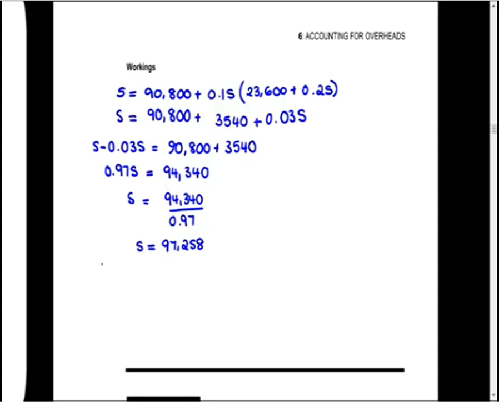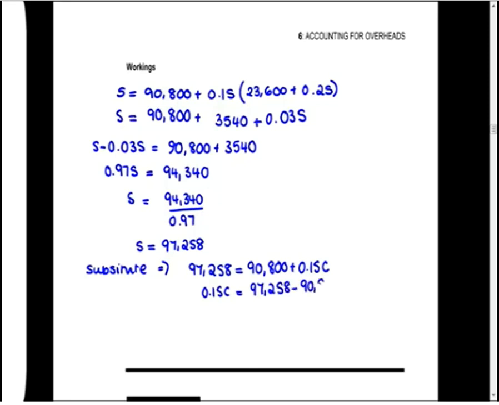We need a value for C, so we can substitute that value for S into C. And so we've got 97,258 is equal to 90,800 plus 0.15C. 0.15C is therefore equal to 97,258 minus 90,800.